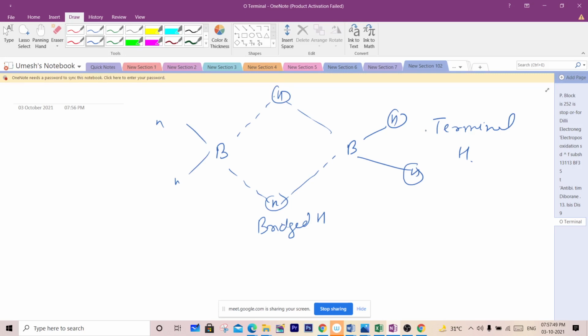This is called diborane. Understood? Till now, any doubt?